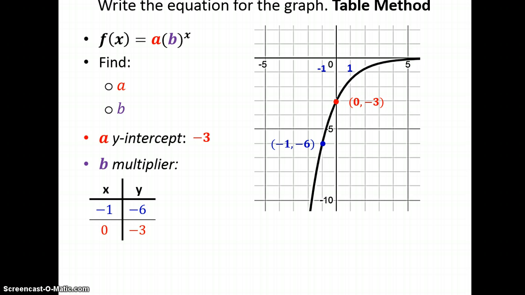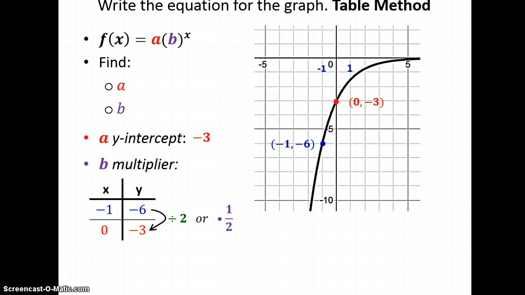So we need to ask ourselves, how can we get from -6 to -3? Since this is an exponential function, we really only care about multiplying and dividing, not adding and subtracting, because that's linear. I know that if I divide -6 by 2, that gives me -3.